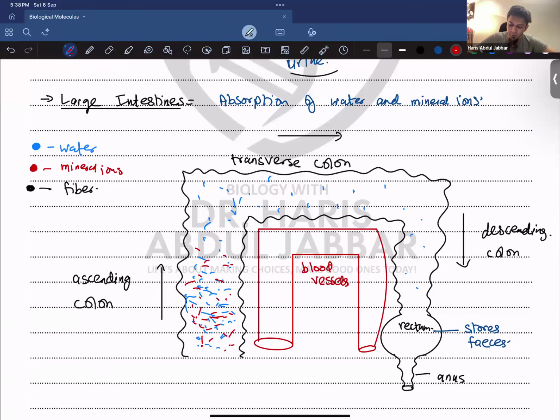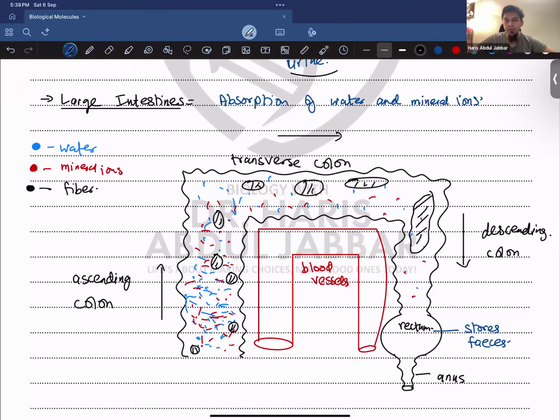But as we're going to go from the ascending colon towards the descending colon, इन मिनरल आयंस की कंसेंट्रेशन भी क्या होती जा रही है? कम होती जा रही है। और इनिशियली मैं क्या देख रहा हूँ, मेरे पास जो फाइबर है वो छोटे छोटे पीसेस के अंदर है। जितना वाटर कम होते जा रहा है, हमारे पास उस फाइबर के जो पीसेस हैं वो क्या होते जा रहे हैं? They're getting bigger, right?